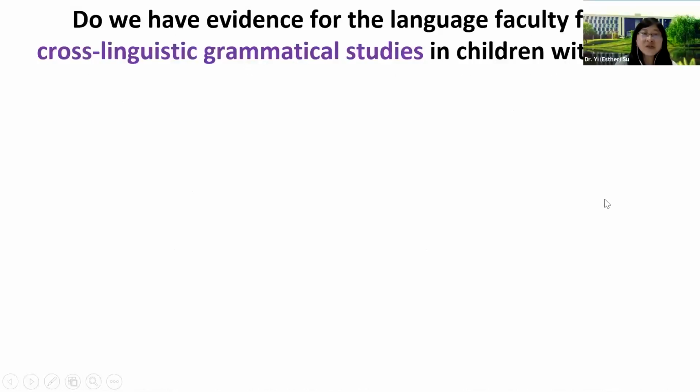So in addition to the previous English studies, which may indicate children with these grammatical strengths, what about cross-linguistic grammatical studies? Do we have evidence for the language faculty from cross-linguistic grammatical studies in children with ASD?